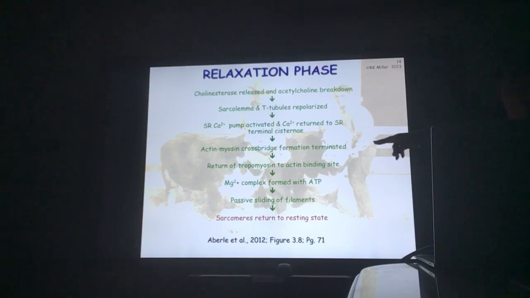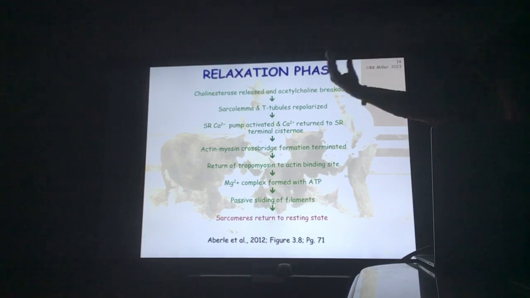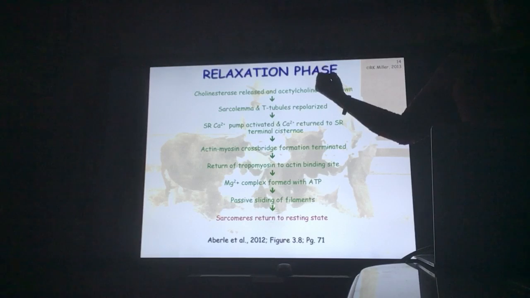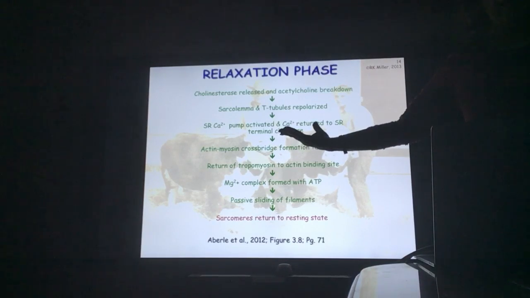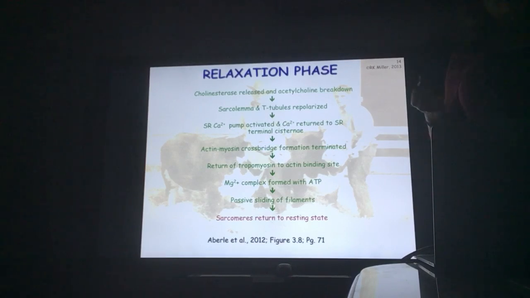Think about the myosin heads up there, they're stuck, they're holding on. The only way to get them to drop back off and relax is to have an ATP come in and bind to the ATP binding site in the myosin heads. Then they'll drop back down and they'll be ready for the next contraction.